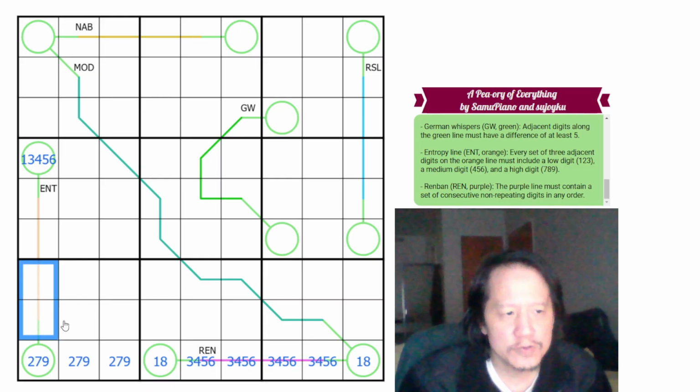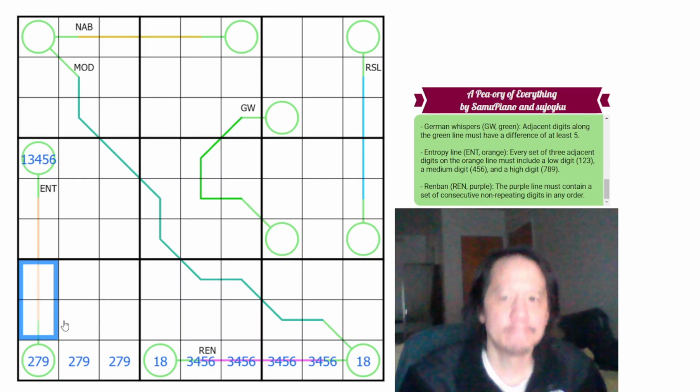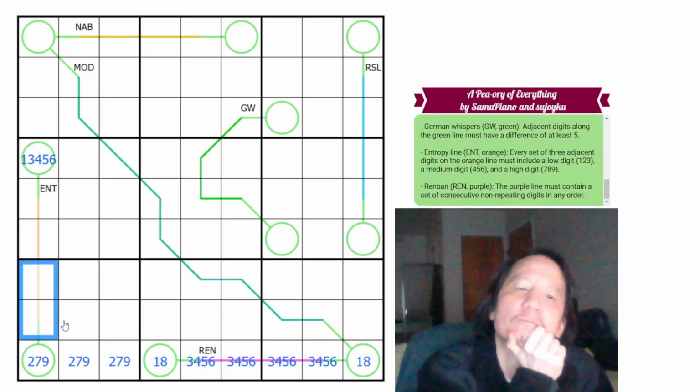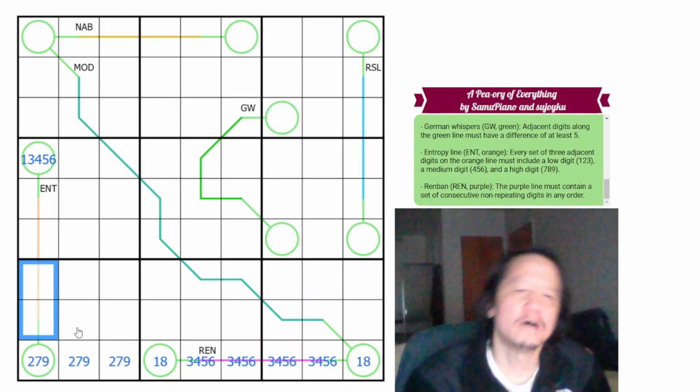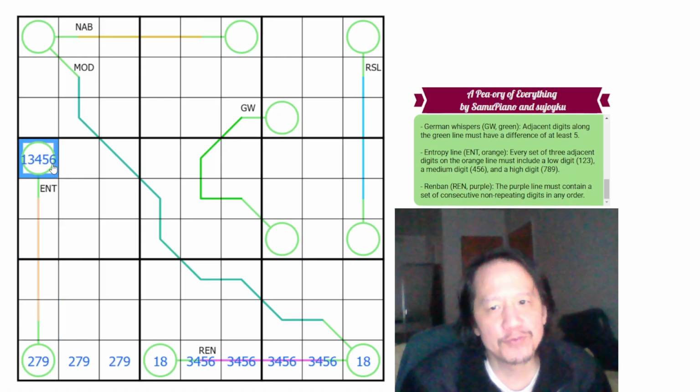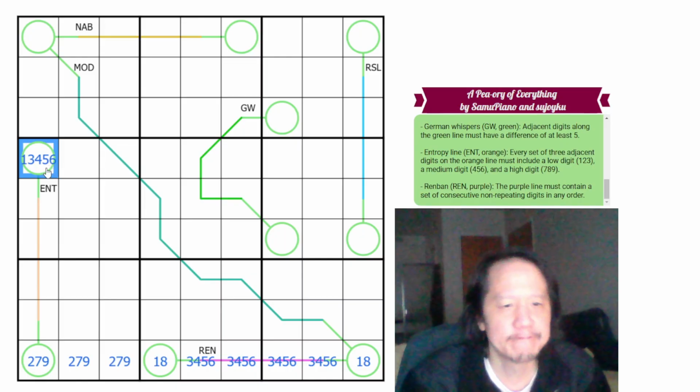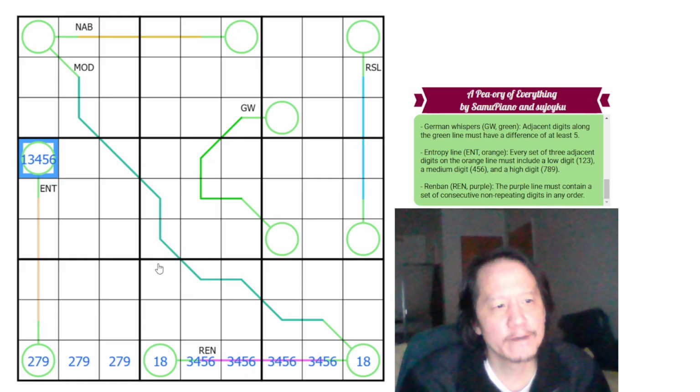This cannot have 2, 7, or 9. Obviously, if it's 21, the 3 must be the low. You could have 3 plus 4 plus 5 plus 9. That does work. Okay.